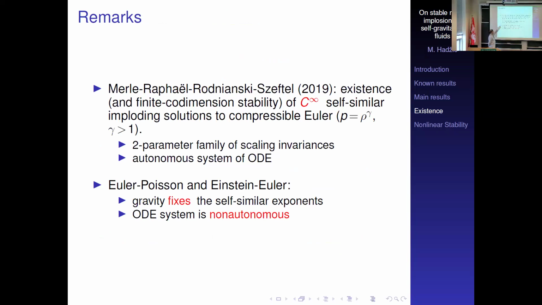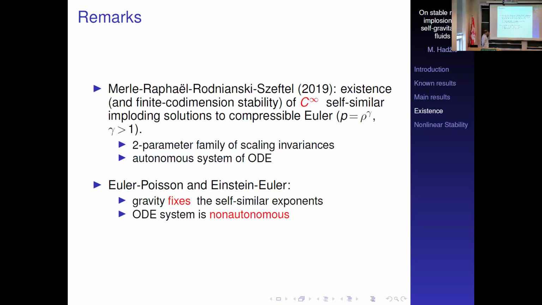Two conceptual differences that should immediately strike you are that Euler has this 2-parameter family of invariances where this problem does not. You choose a gamma and everything else is prescribed, all the exponents.